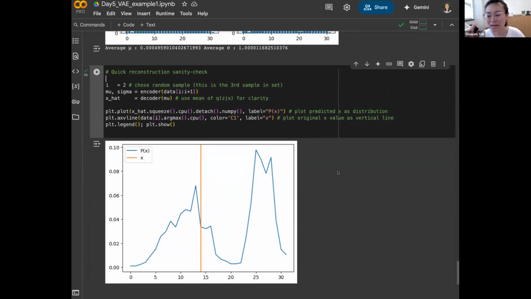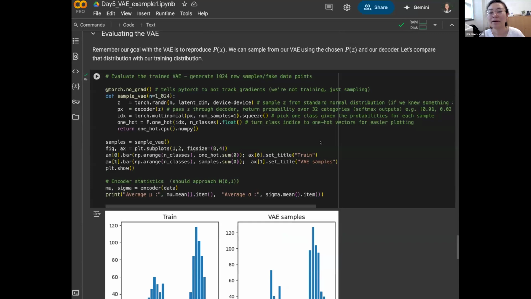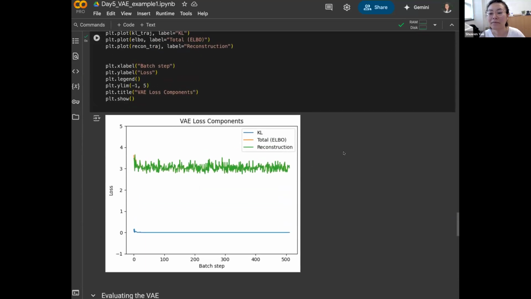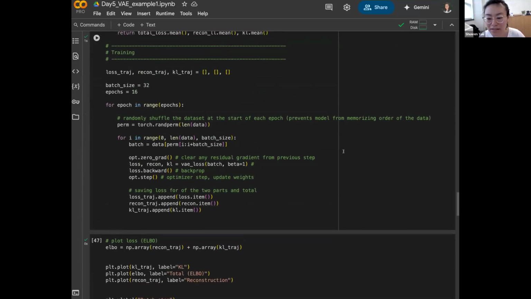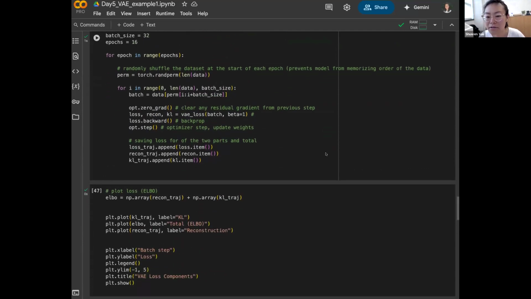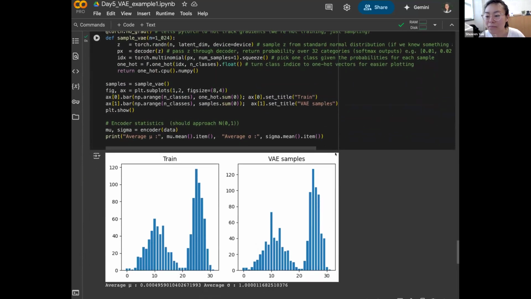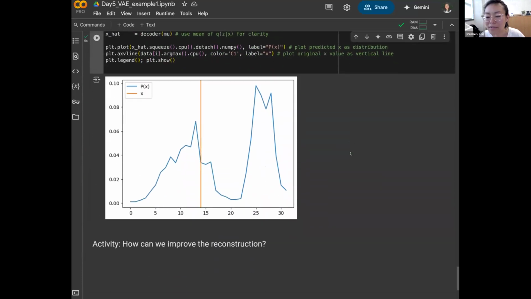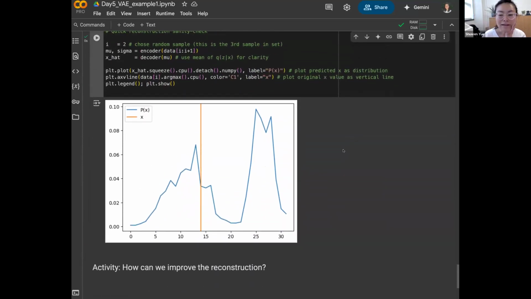You could also change the neural network parameters a bit. I don't think the shapes of things are hard coded, so you can play around with that as well. I figured it would be good for y'all to take a whack at that, and then we can come back together and talk about it.